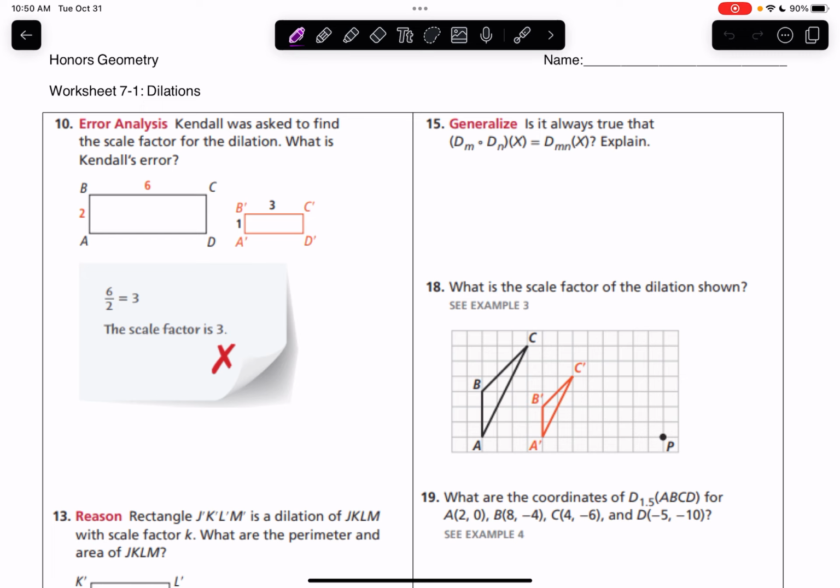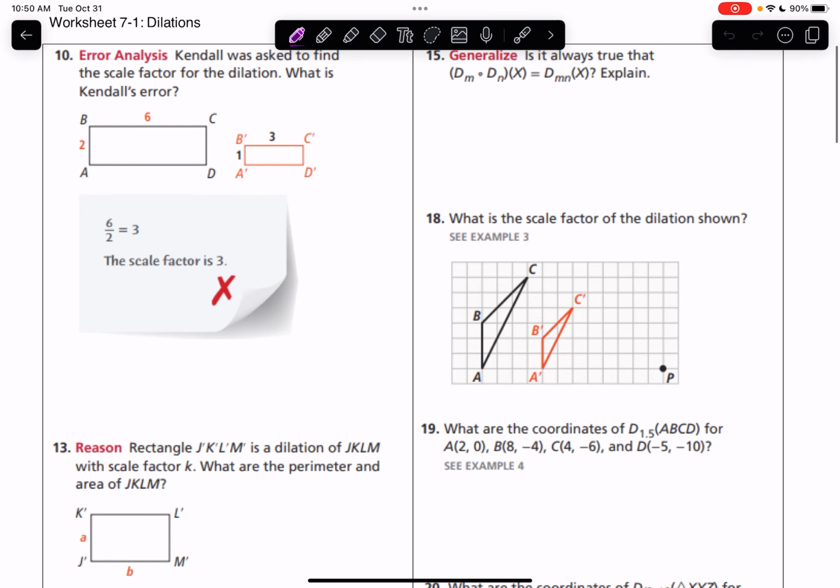So we can say she used 2 sides of the same rectangle.